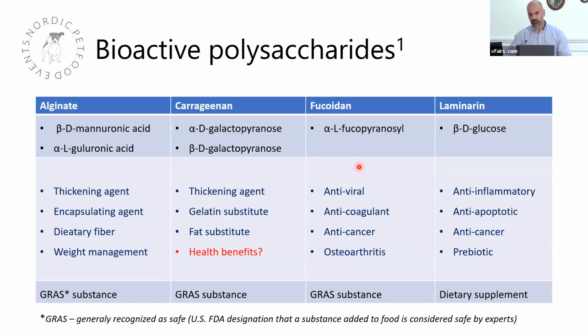Laminarin consists of beta-D-glucose molecules with anti-inflammatory, anti-apoptotic, anti-cancer, anti-probiotic properties. It's also a dietary supplement. I didn't find it on GRAS substance lists, but I assumed it probably belongs there.